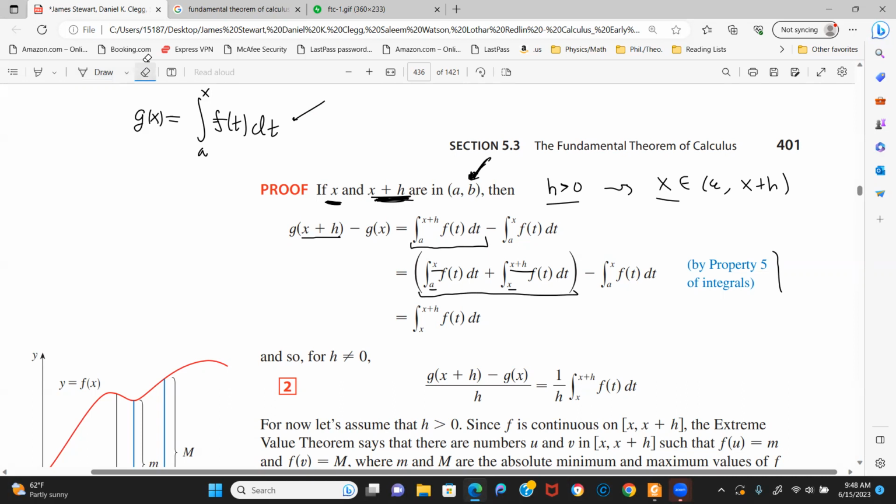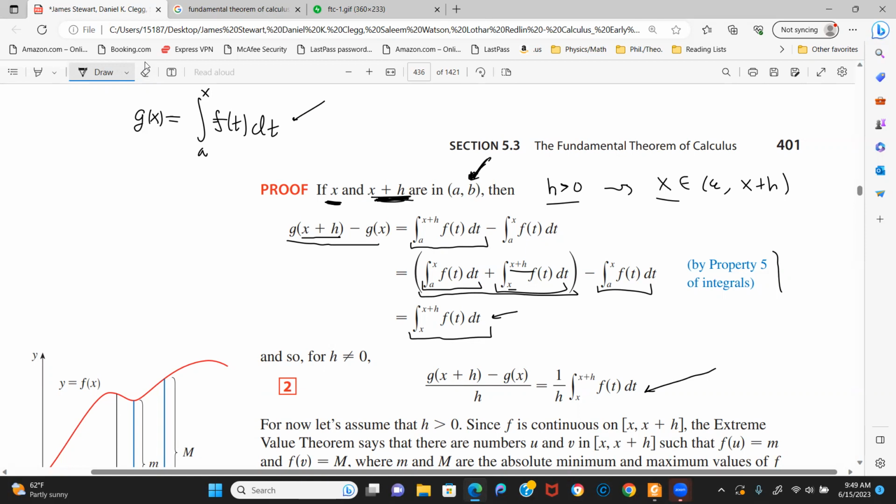Now this first integral cancels with this one, and all we're left with is this. So g of x plus h minus g of x simplifies to this. And then, of course, you divide both sides by h, and you get this right here.